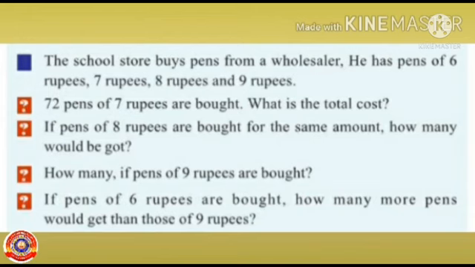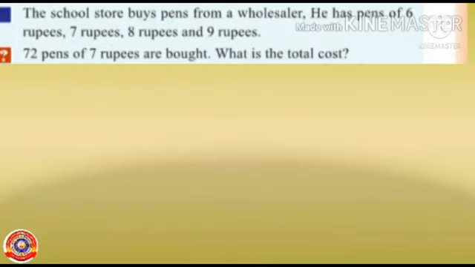Next one. How many if pens of 9 rupees are bought? Then last question. If pens of 6 rupees are bought, how many more pens would get than those of 9 rupees?